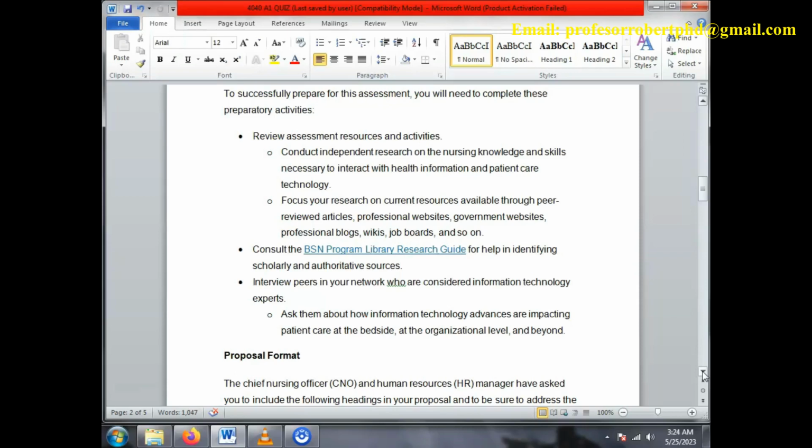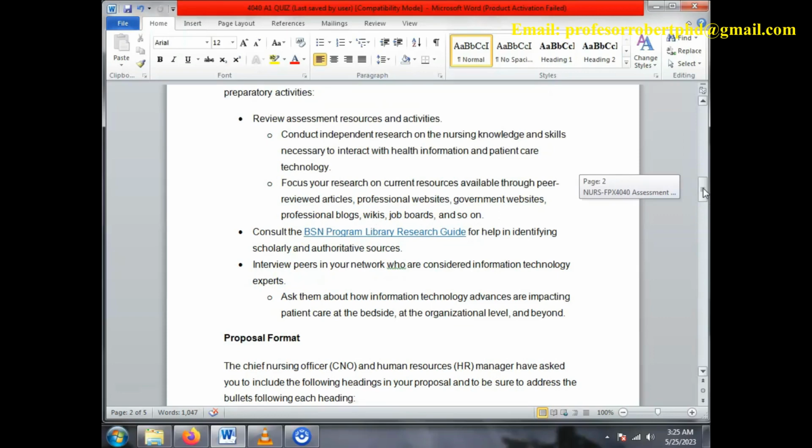Consult the BSN Program Library Research Guide for help in identifying scholarly and authoritative sources. Interview peers in your network who are considered information technology experts. Ask them about how information technology advances are impacting patient care at the bedside, at the organizational level, and beyond.